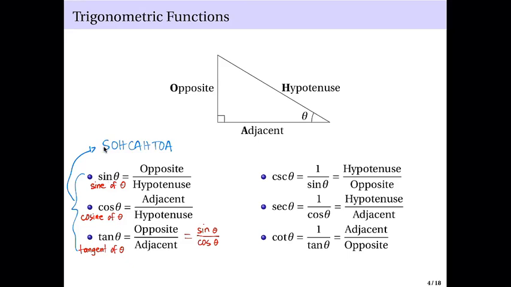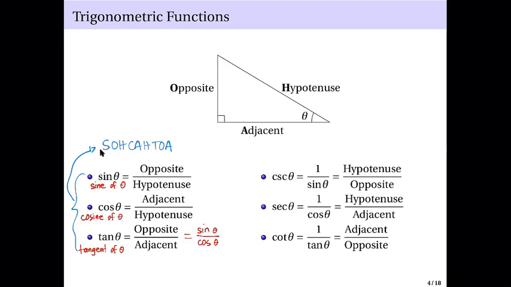Your sine theta is equal to the opposite over the hypotenuse. Look at this. It's not so obvious in here, but your H here is boldface. Your A and your O are boldface. So we use the first letters, O, H, and A.